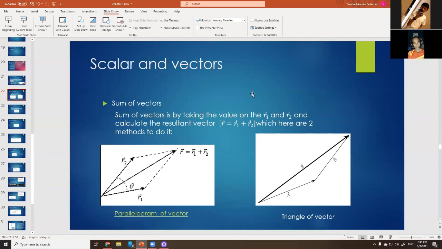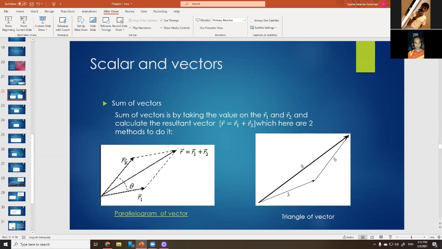There are two ways actually. One is by using the parallelogram of vectors, where you put R1 on the bottom and R2 on top. You can see this line and this line are parallel, the lines at the top and bottom are parallel, and the lines at the sides are parallel.